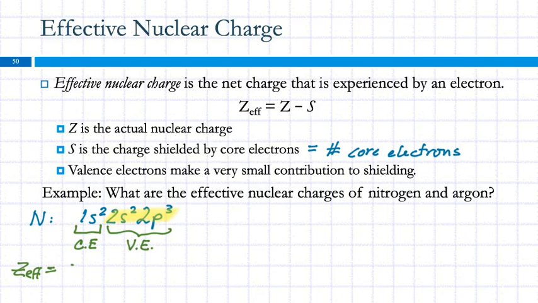There are 7 protons, and then we're going to subtract the number of core electrons. How many core electrons? 2. So the effective nuclear charge here is 5. Because there's an inner core of 2 electrons, there's this small crowd around the nucleus that's shielding it from the rest of the electrons.